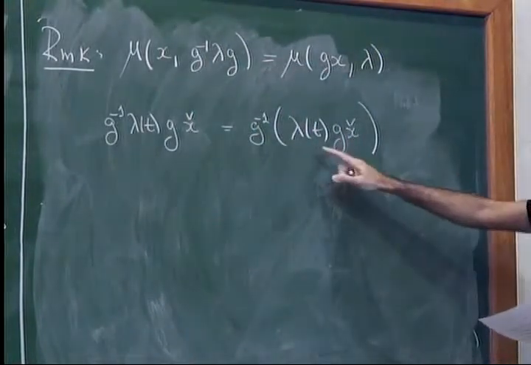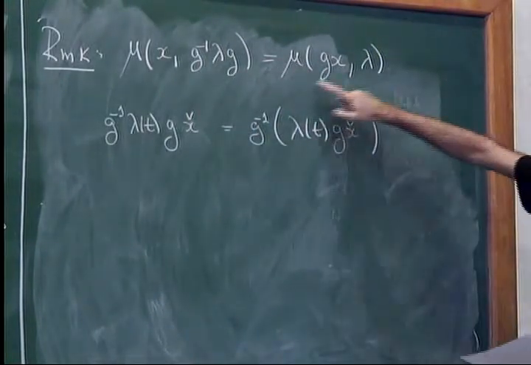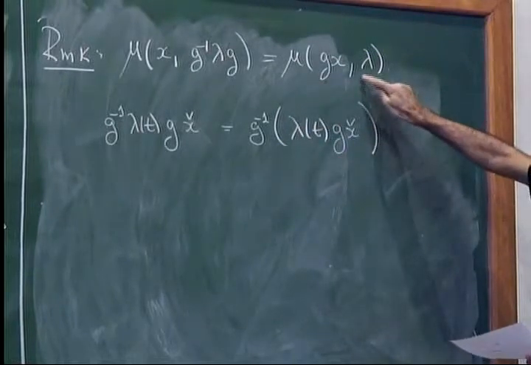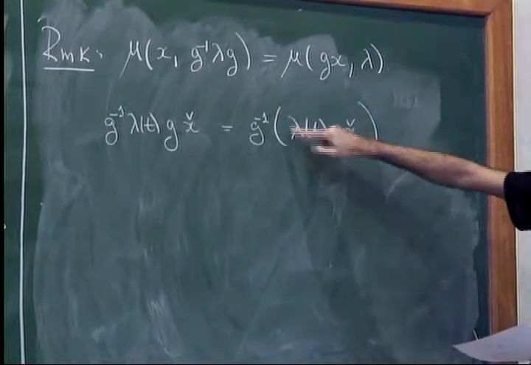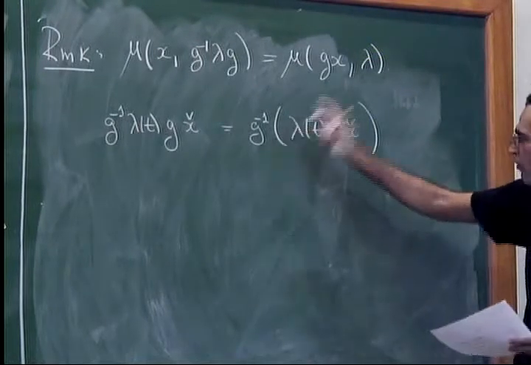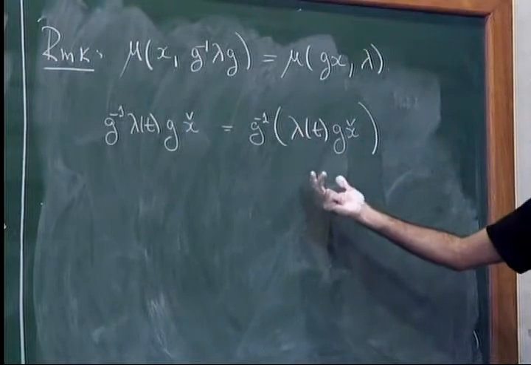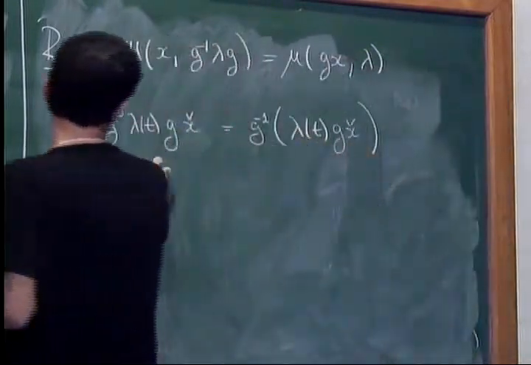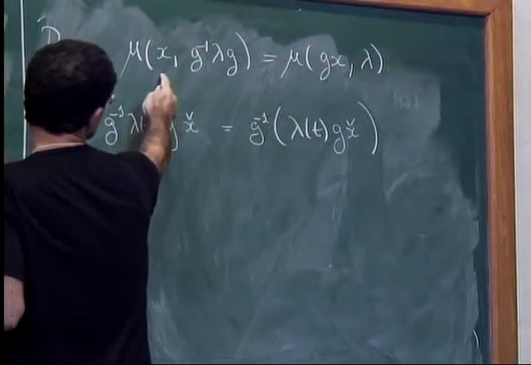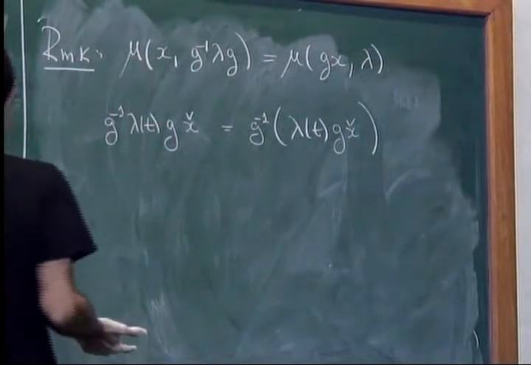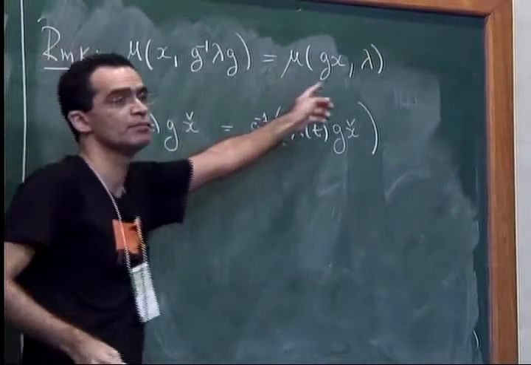So mu is the power that appears in the denominator of this expression. Since G is constant and an automorphism, when you do that, you get the same power, and over here the power in the denominator is this mu here. So the power is the same on both sides.